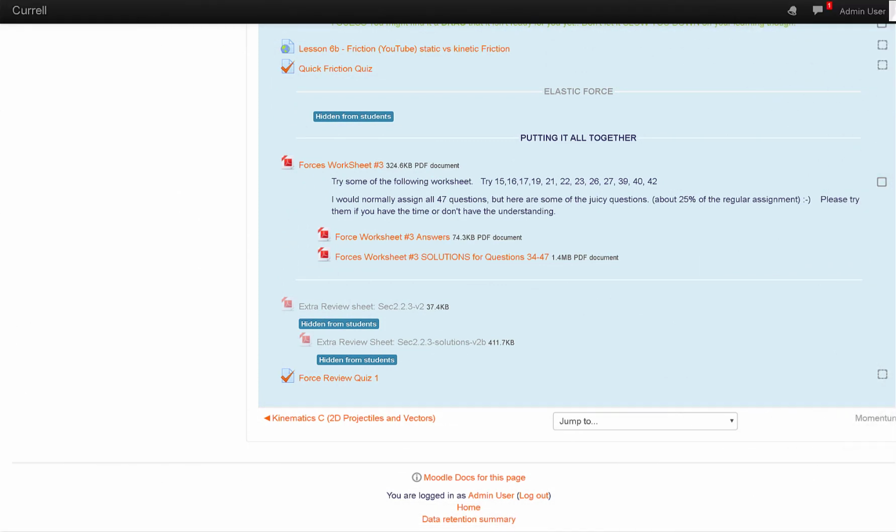Here's a look at the Moodle as it stands today. There's a quiz down here, the force review quiz, that only a few people have gotten to. There's a worksheet here with some questions I asked you to do, and if you're having any issues with them, the solutions are here. It's not normally this many questions.